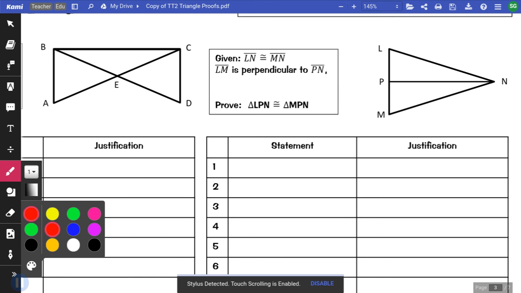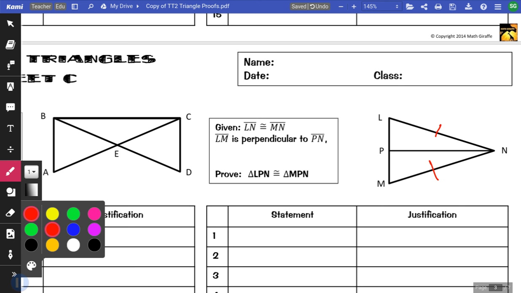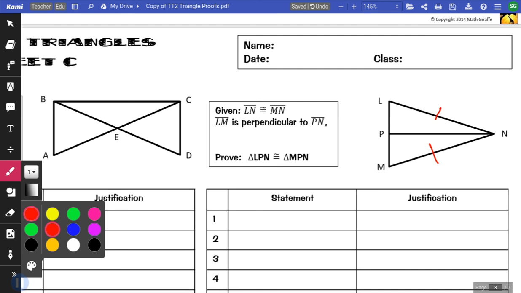We know that LN is congruent to MN. LM is perpendicular to PN, so if it's perpendicular, it means they have right angles. And we're trying to prove that those 2 triangles are congruent to each other.